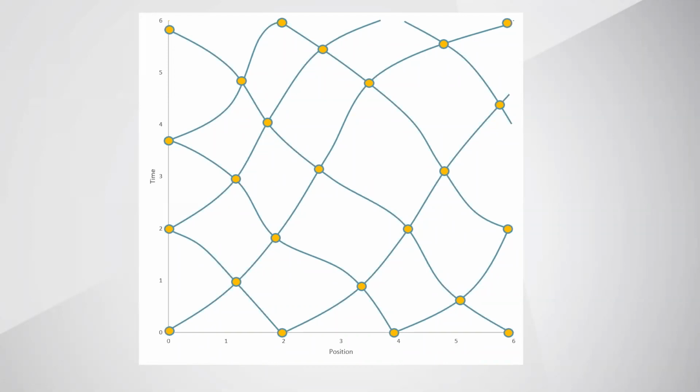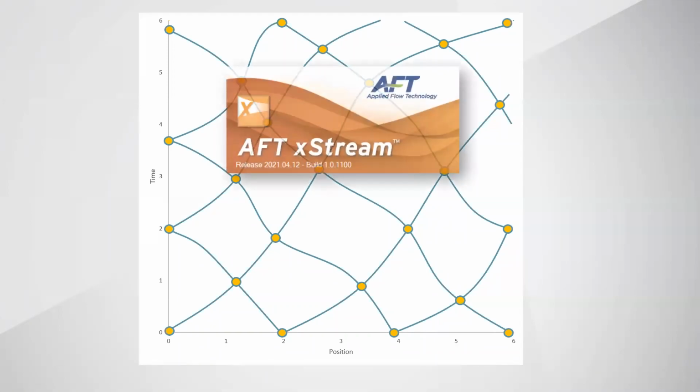In fact, some characteristics could end up being vertical, and they can even stack up on each other. If they all stack on top of each other, we get something called a shock wave. Now, IFT Extreme, which has just recently been released, handles all of this really well. It's a really robust product, and the computations involved in achieving this are actually quite substantial.